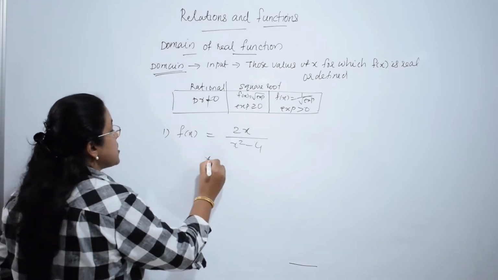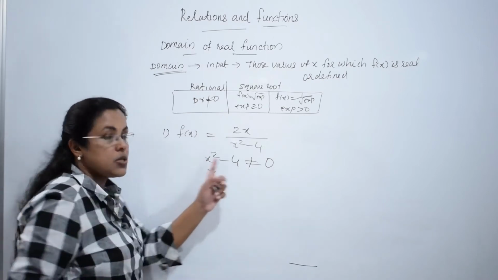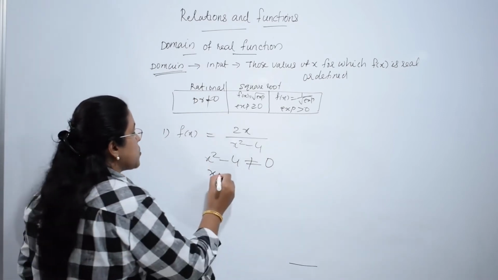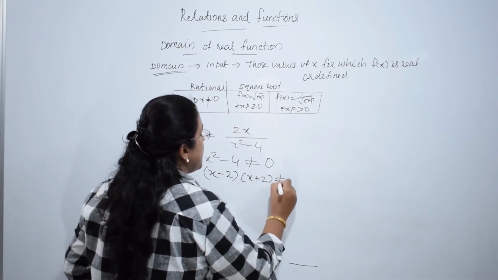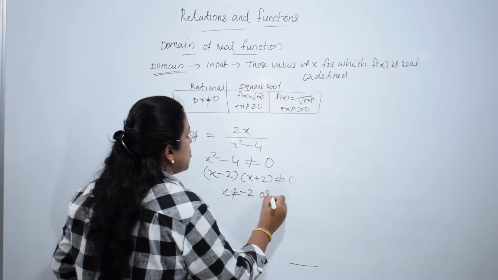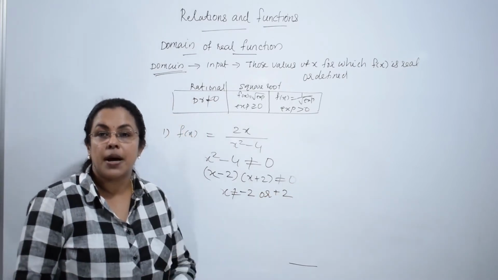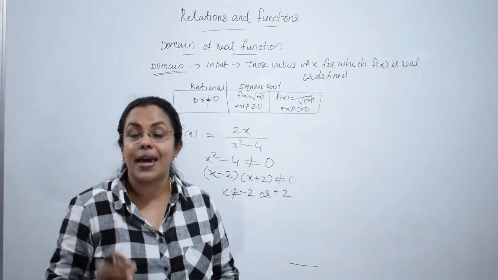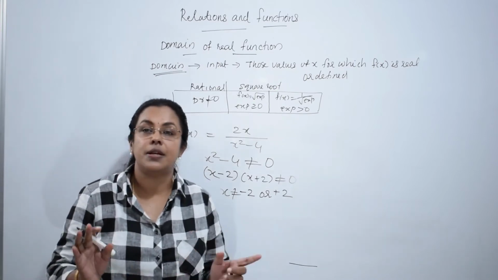Okay, so x square minus 4 cannot be equal to 0. This is of the form a square minus b square. So x minus 2 into x plus 2 cannot be equal to 0, or x cannot be equal to minus 2 or plus 2. Except minus 2 and plus 2, f of x is defined.